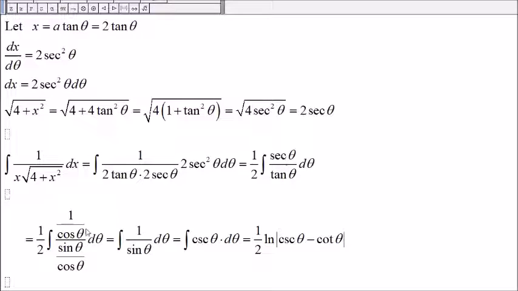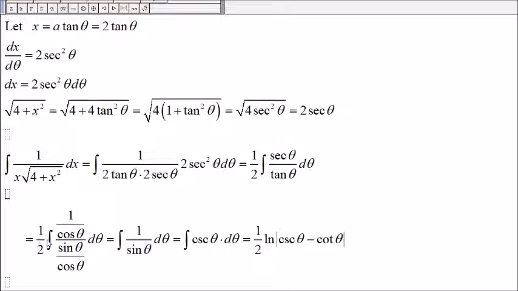Rewrite secant of theta as 1 over cosine of theta. Tangent of theta is sine over cosine.